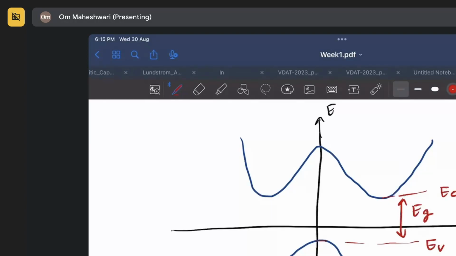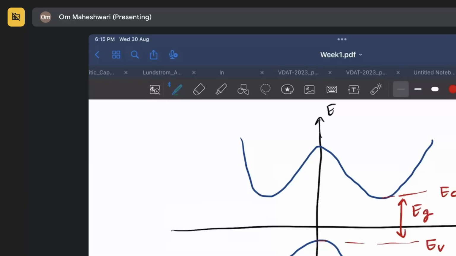This E-k diagram comes from solving the Schrodinger equation. I will not get into how we get this, but let's just assume this is the energy versus momentum diagram that we get for a silicon lattice after solving the Schrodinger equation.